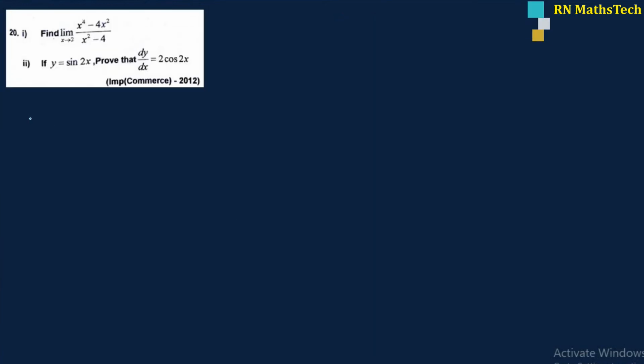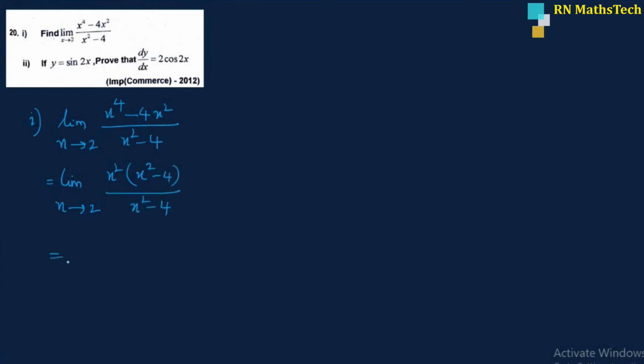Next one, first part, find limit x tends to 2. Limit x tends to 2 x raised to 4 minus 4x square by x square minus 4 equal to limit x tends to 2 x square can be taken outside, x square into x square minus 4 by x square minus 4.